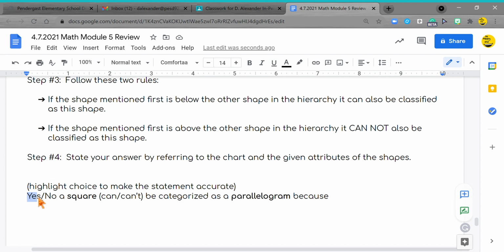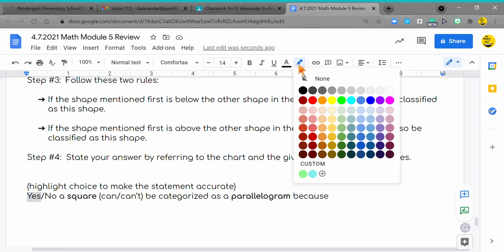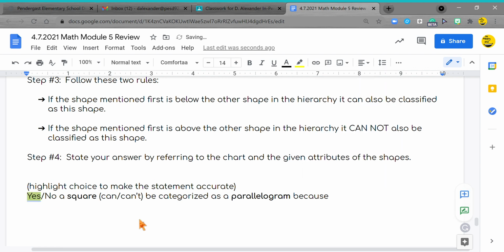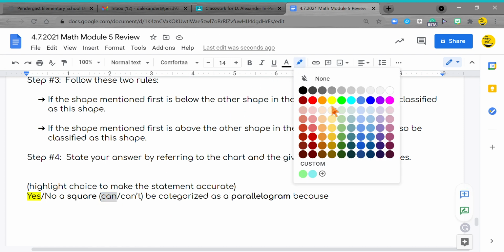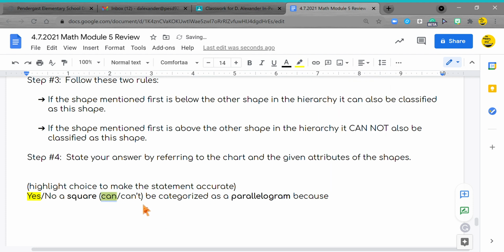So right here, I'm going to highlight yes. I'm just going to use yellow. Yes, a square can be categorized as a parallelogram because the square is below the parallelogram.